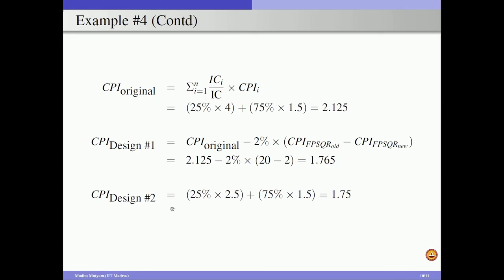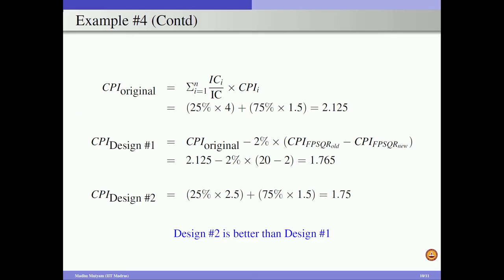In design 2, we optimize all floating point operations and the average CPI of all floating point operations is now reduced to 2.5 as compared to the original 4, and we have not touched any of the other non-floating point operations which have CPI of 1.5. So the total CPI for design 2 is 1.75, which says that design 2 is better than design 1.